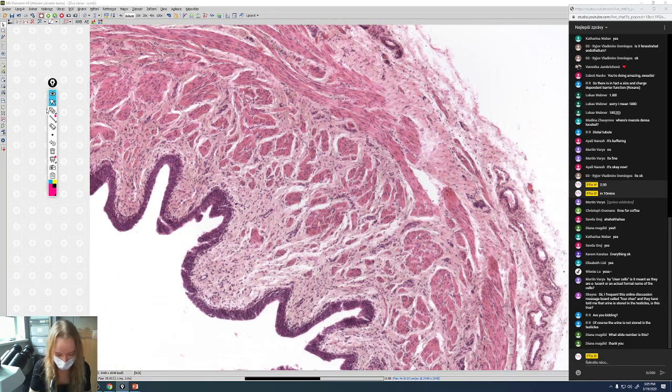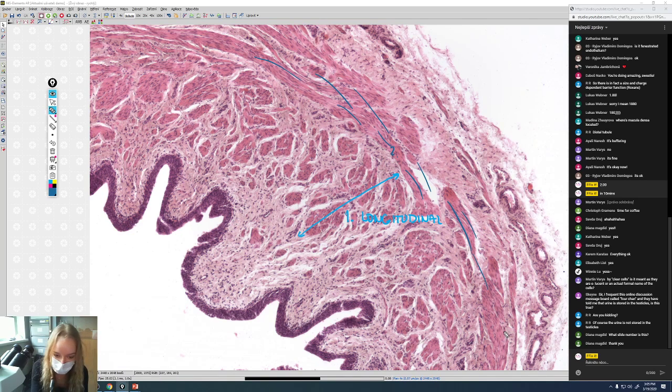This is kind of different in the urinary system, because the first layer right here is longitudinal. This is the longitudinal layer right here. And the second layer, which is right here, is circular.